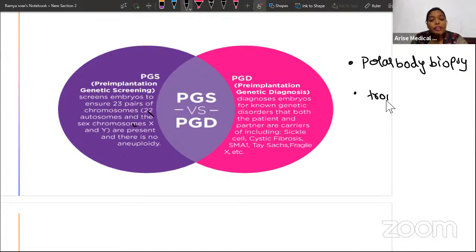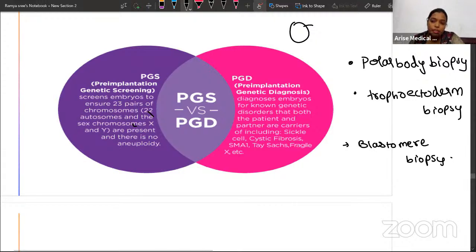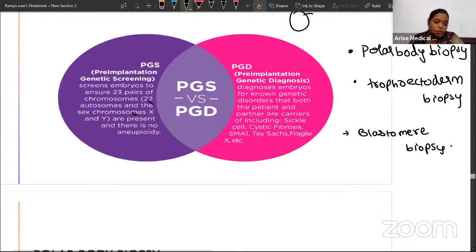Or you can do trophectoderm biopsy, taking some cells from the outer layer. Or you can do blastomere biopsy. The commonly used method is blastomere biopsy.